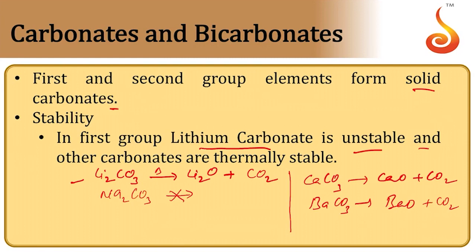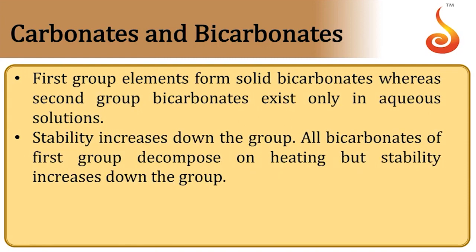In the second group, all of them dissociate upon heating, but the dissociation temperatures increase. That implies that stabilities are gradually increasing. So in first group, only lithium carbonate will dissociate, the rest will not decompose, whereas in second group, all carbonates start decomposing.